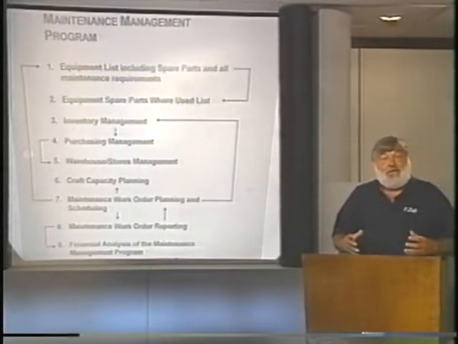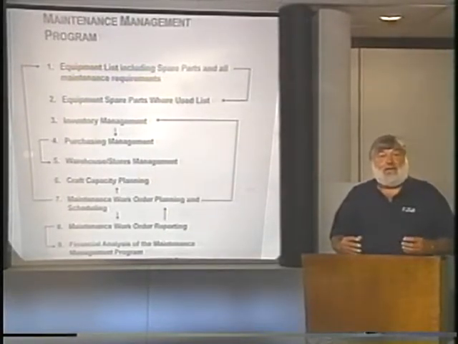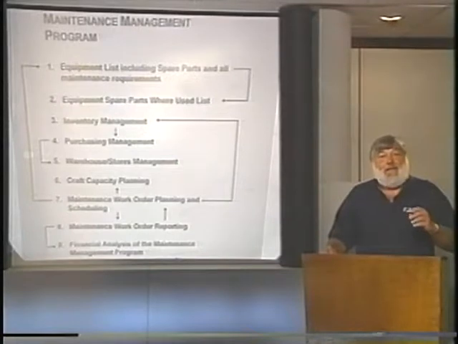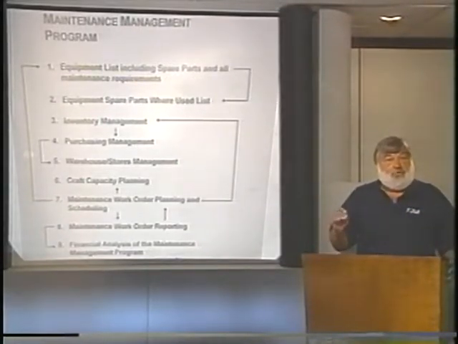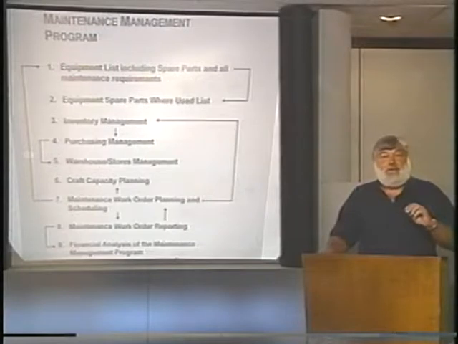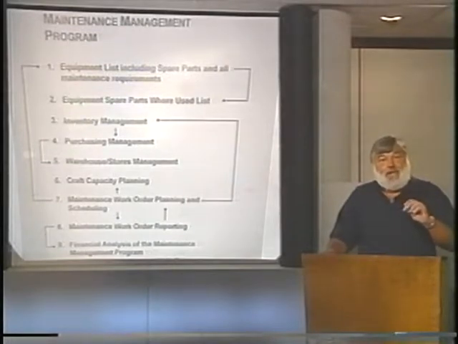So what we've done here is we've completely integrated maintenance work order planning and scheduling, starting off with the first module, then integrating the spare parts requirements with the third module, inventory management, and likewise integrating the maintenance work order and planning and scheduling function with the sixth module, craft capacity planning, which is the labor function.